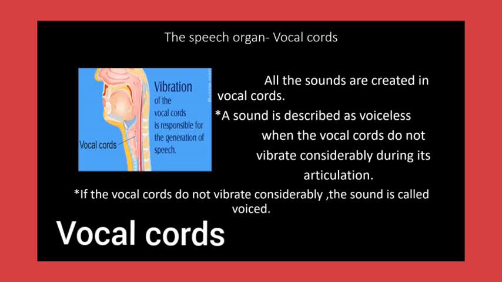So fast they move. So all the sounds are created in the vocal cords, remember. Later on, one sound is converted into different sounds with the help of different speech organs. So the first sound is created at the vocal cords. So it's a very important speech organ.